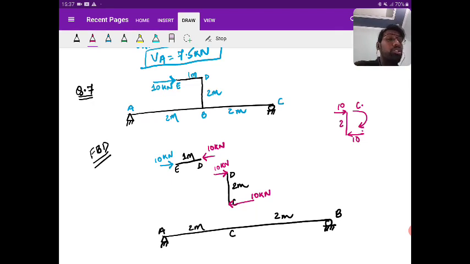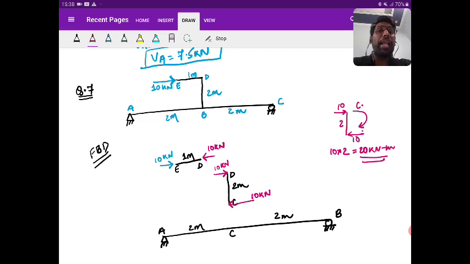So what do we need to do? We need to apply the opposite moment. At which point? At C. Yes or no? So you can see a couple of 20 kilonewton meter.